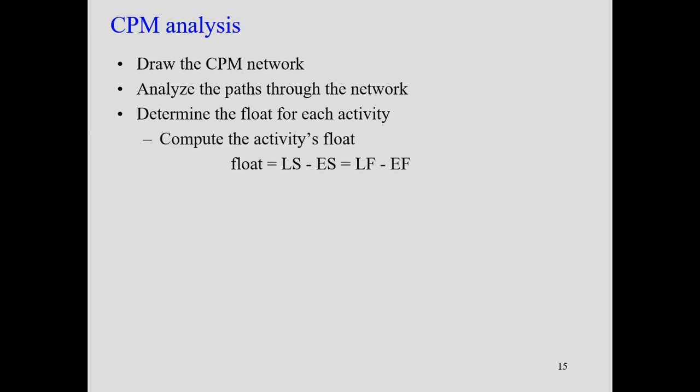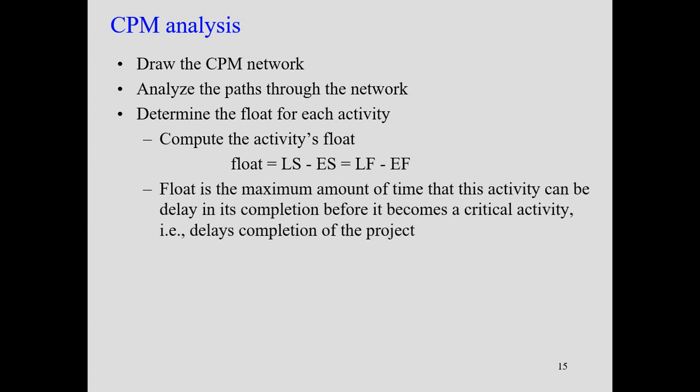Compute the activity's float. The float is equal to LS minus ES, which is latest start minus the earliest start, or latest finish minus earliest finish. Float indicates the maximum amount of time that the activity can be delayed in its completion before it becomes a critical activity.